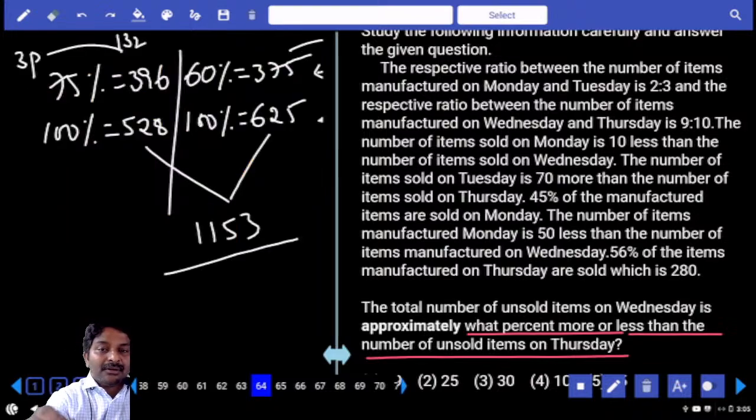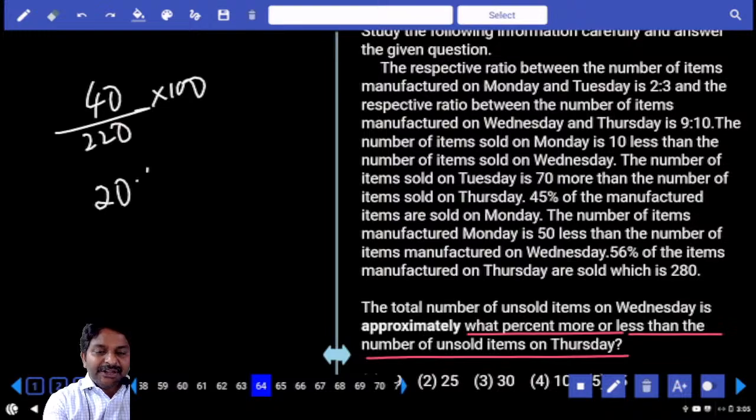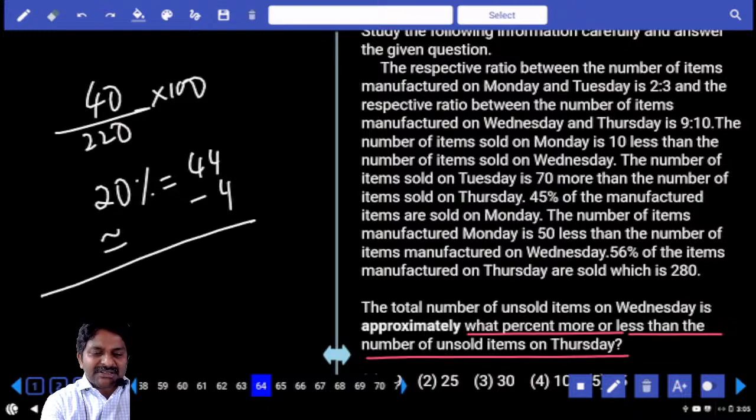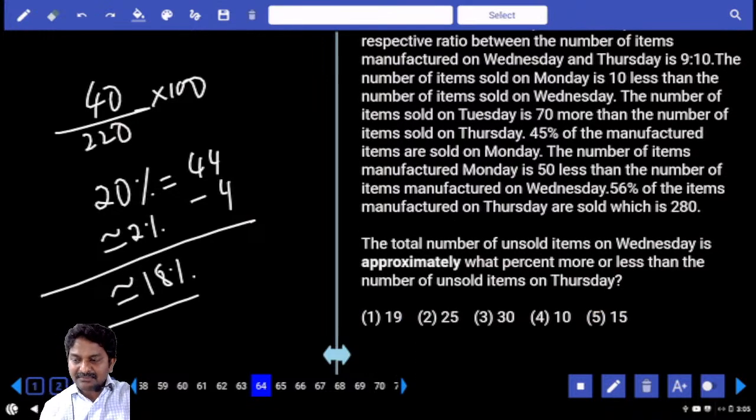How much more? 40. With respect to 220 into 100. What is 20% of the denominator? 44. We need to subtract 4 only, which is approximately 2%. Answer should be approximately 18%. Approximate 18%. Which option?